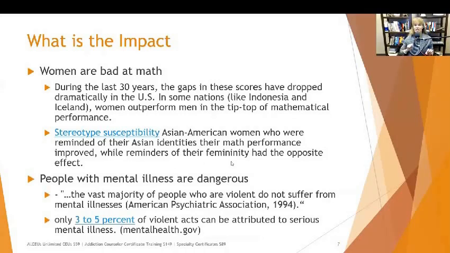So just altering the way somebody interacts with them, if somebody says, "Oh, you are such a good math person," their math skills came out. But if somebody was communicating that they expected a more feminine persona, their math skills went down, and it was the same person. So it was an interesting article.